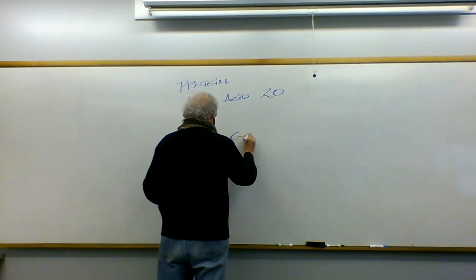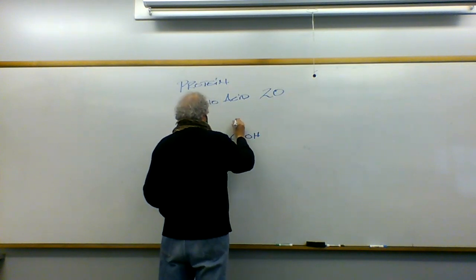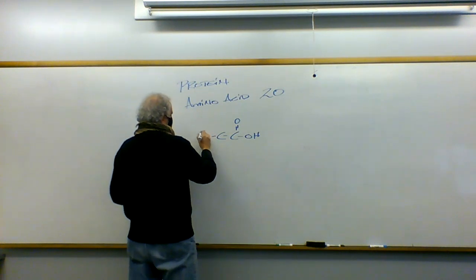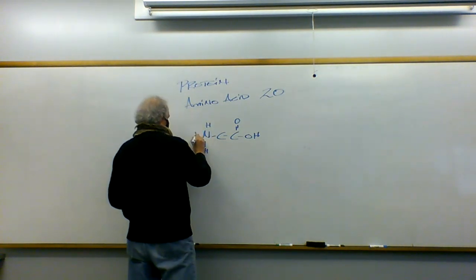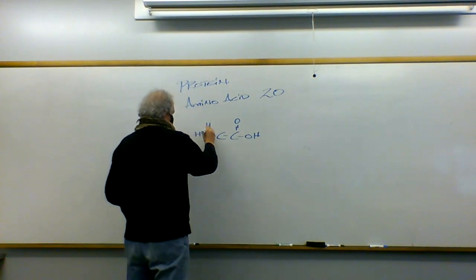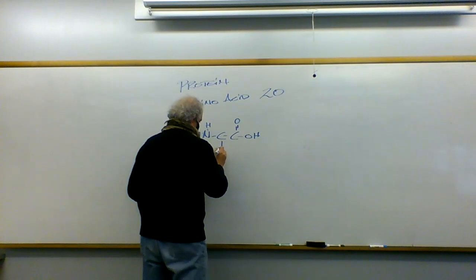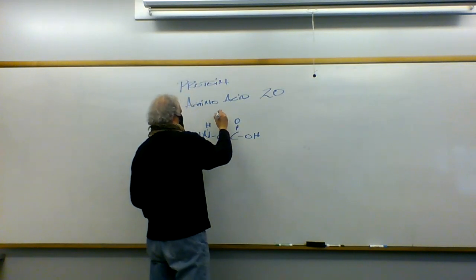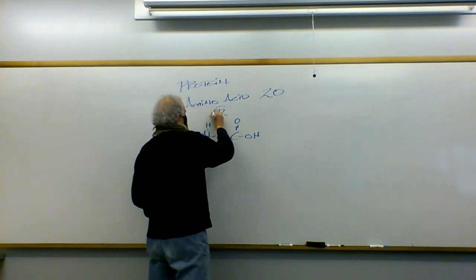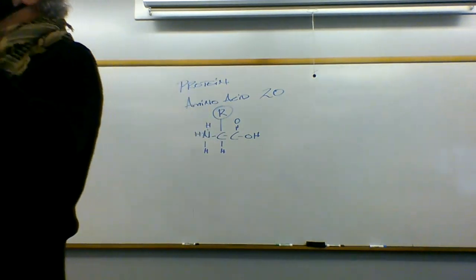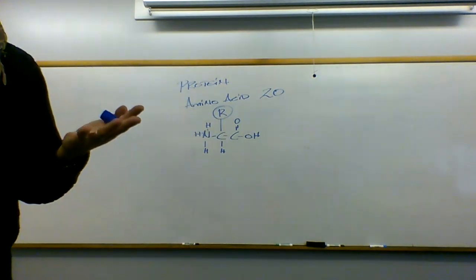It's got a carboxylic acid tail, it's got a central carbon, and then it has an amine group, that nitrogen-containing amine group. Depending on the pH, you can have 2 or 3 hydrogens, whatever. This central carbon has got a hydrogen on it, and then it's got what is known in the biz as the R group. The R group is one of 20 different side chains.